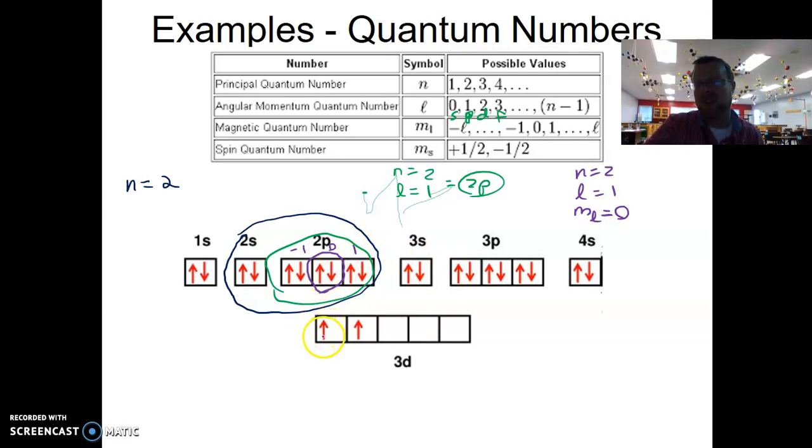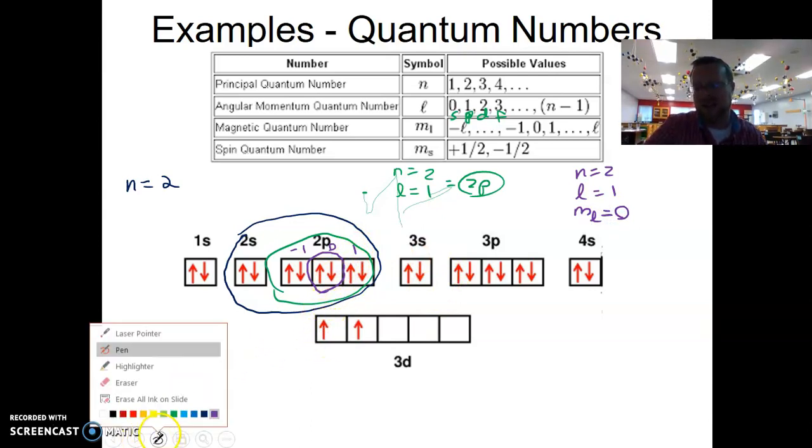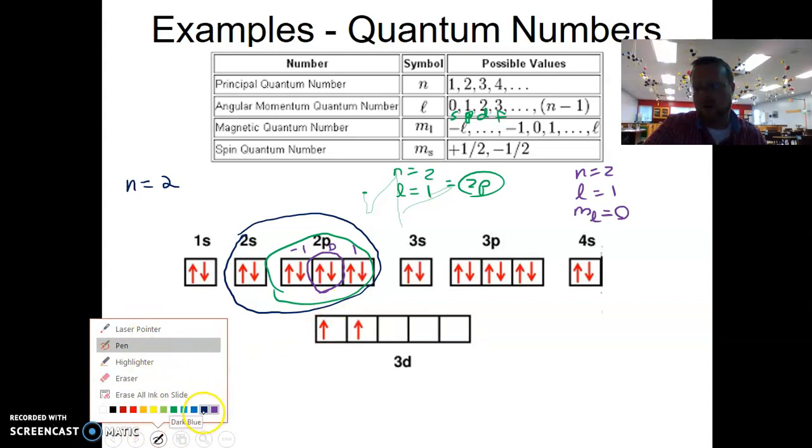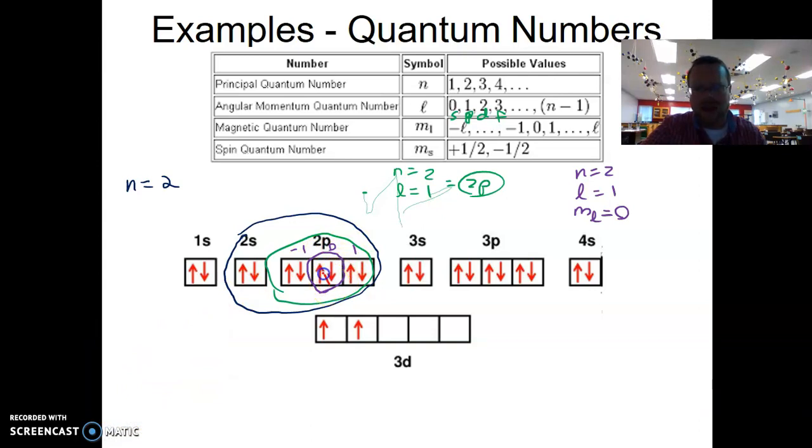If I wanted to get more specific still, then I could say, all right, what if we're talking about, switch colors here again, what if we're talking about that electron only?